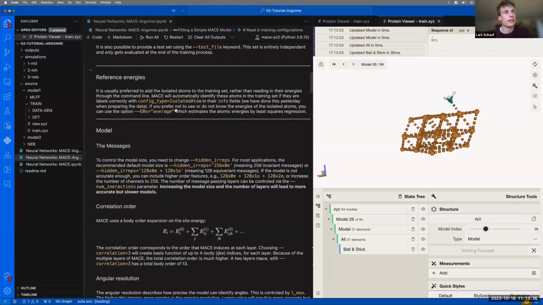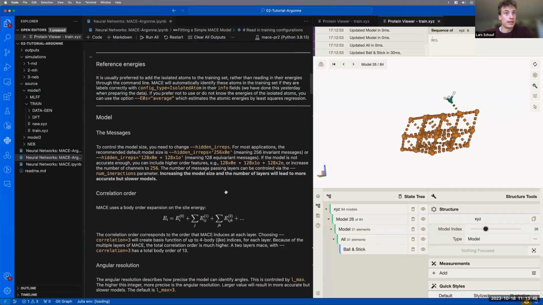Another thing is that you can select the E0s. These are energies for each element. And so, for example, if you have 10 copper atoms, then it will subtract, before doing any fitting, 10 times the isolated atom energy of a copper atom.